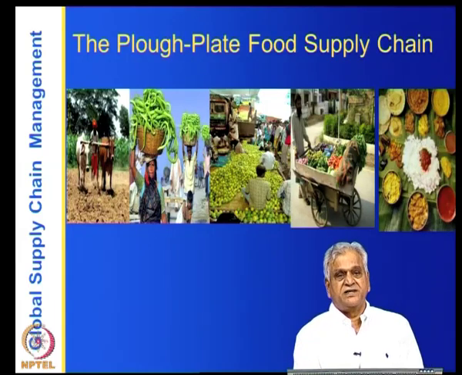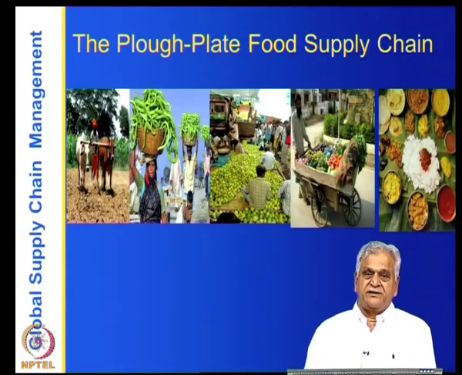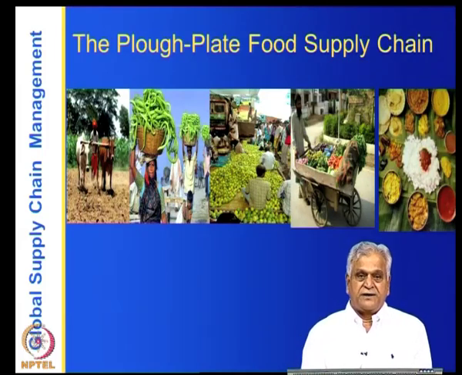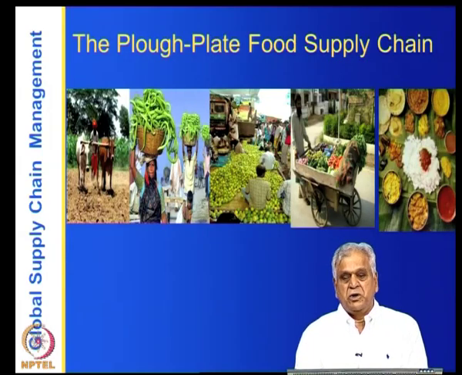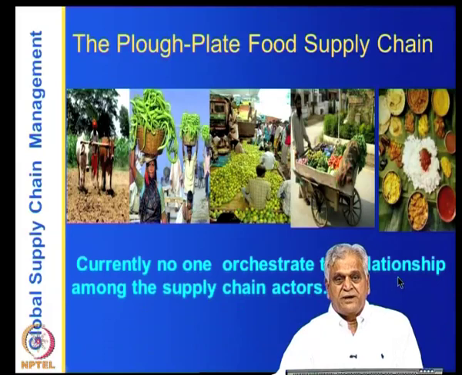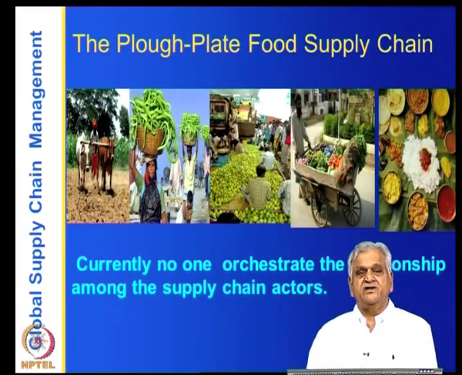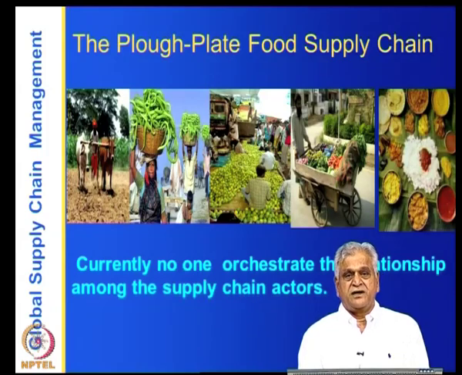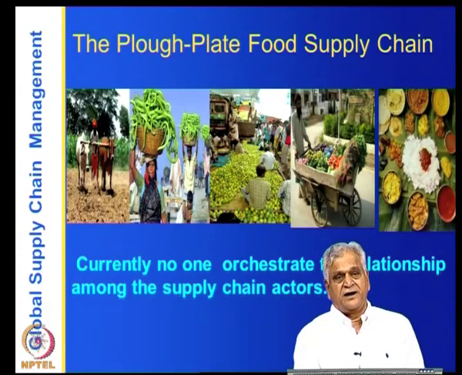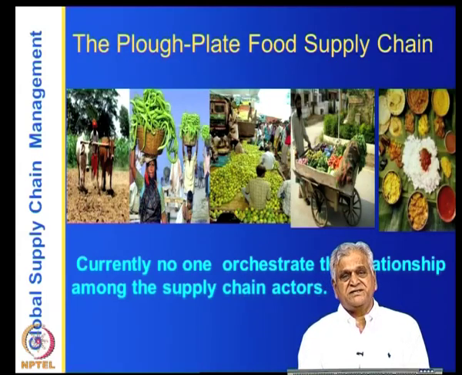Now here you can see that the supply chain is ad hoc, and it goes from end to end, and basically nobody is orchestrating the relationship among the supply chain actors. Which means if a retailer wants to get something, he goes to the mandi or the distribution center, and so on. So basically the actors are not connected in this.